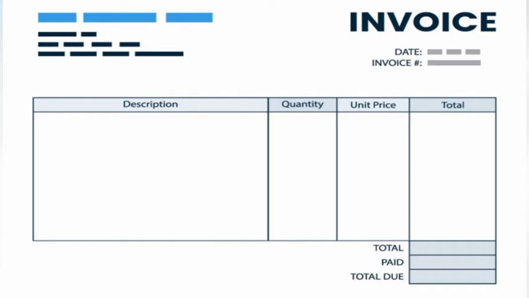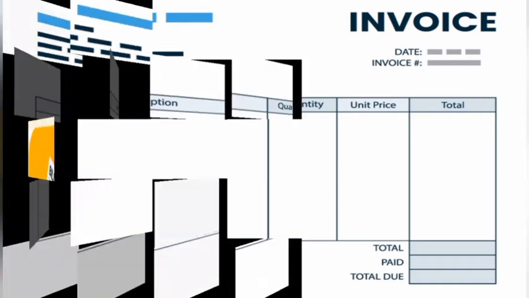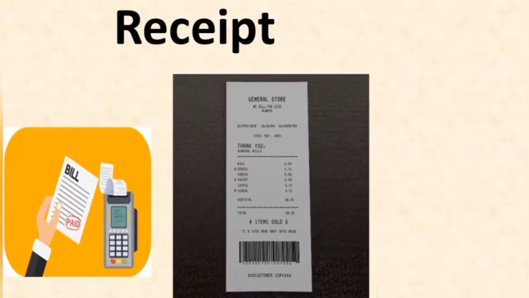When an order is received from a buyer, the details of the goods sold to that buyer are entered in the sales invoice. The original copy is given to the buyer while the organization keeps a duplicate of the copy.